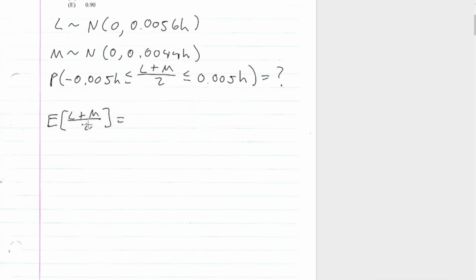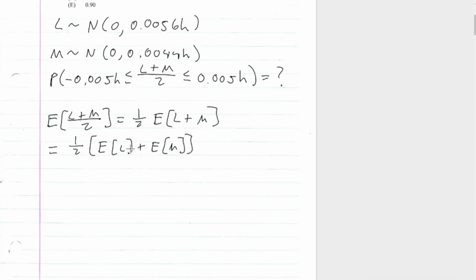With the expected value, we can take out any constant, so this is 1/2 the expected value of L plus M. And we can separate these: 1/2 the expected value of L plus the expected value of M. The expected value of L is 0, and the expected value of M is also 0. So half of 0 plus 0 is just 0, and the mean of L plus M over 2 is 0.